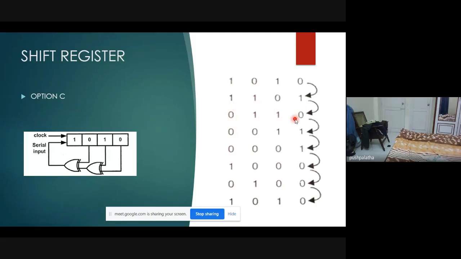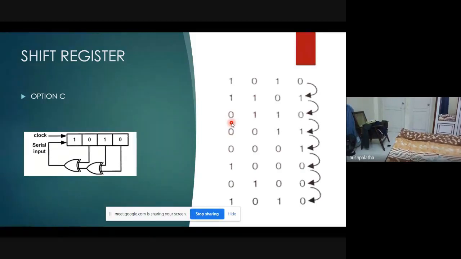Now again you have to go for this 10. Here I am giving inputs that are different. When inputs are different, output is 1. What is the third bit I am giving here? 1. So 1 and 1 will give you again a 0. So the serial input which I am feeding at the most significant bit is 0.